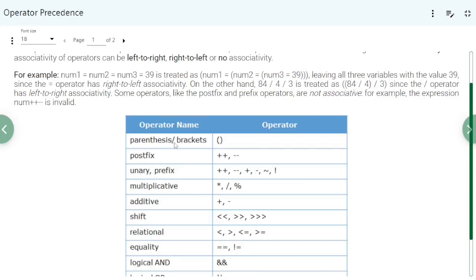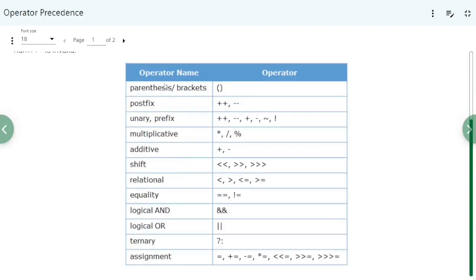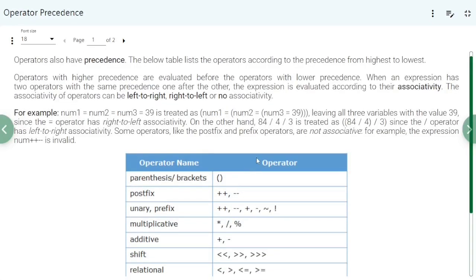Because parentheses have the most precedence out of all these operators here, as you can see. So parentheses always get solved first, and because there are three parentheses, which one do we solve? We are going from right to left. See, first this one gets solved, then this one, and then this outer parenthesis. This is the right associativity.